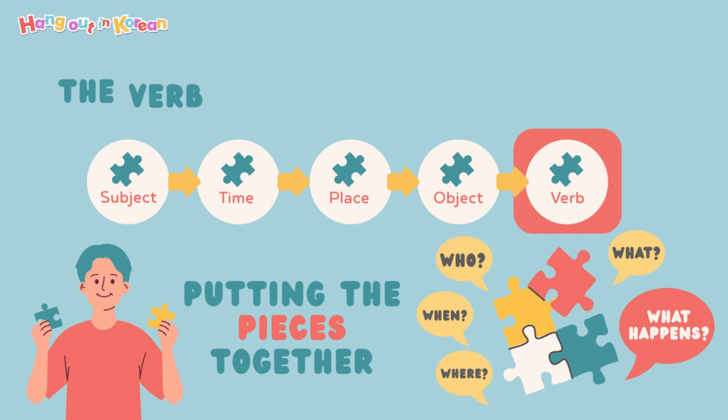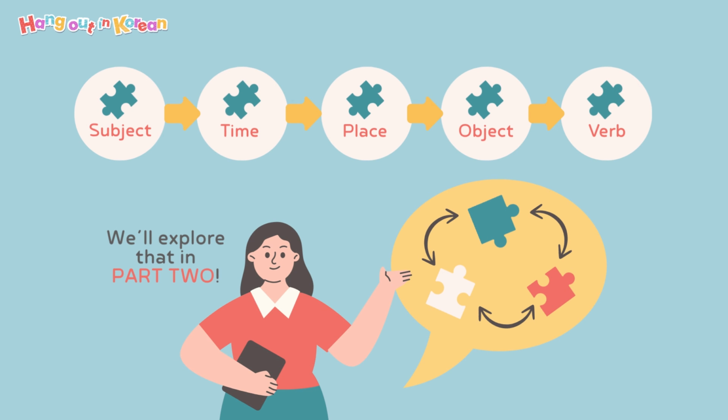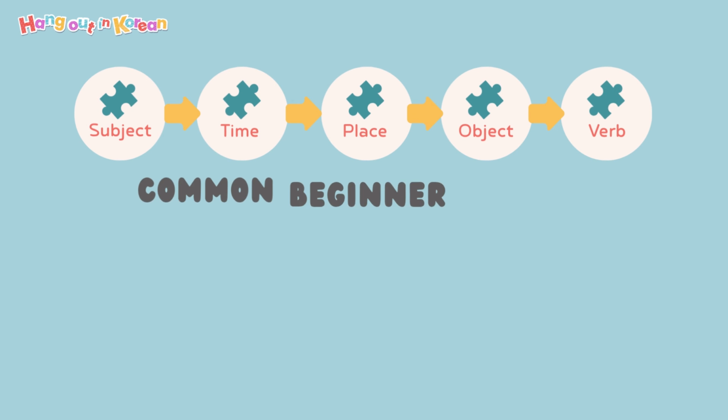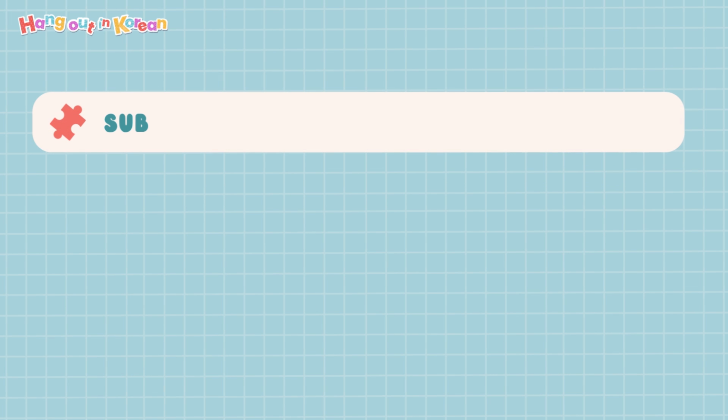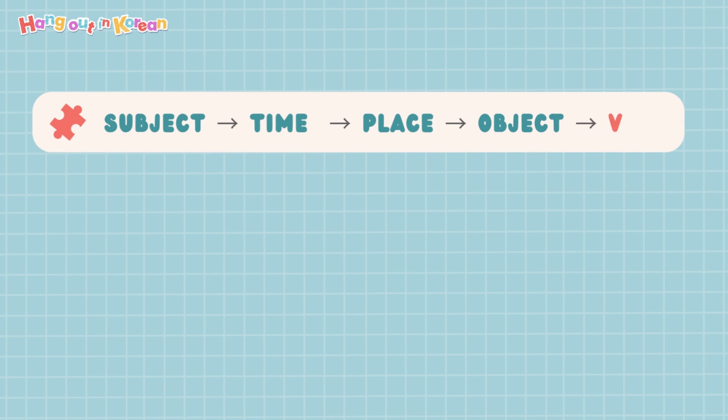The other pieces can actually move around more than you might expect. And we'll explore that in part 2. But for today, we'll use this common beginner pattern because it makes building sentences much easier. Subject, time, place, object, verb.